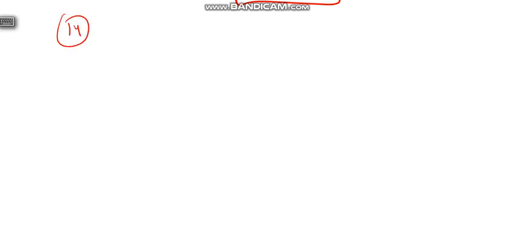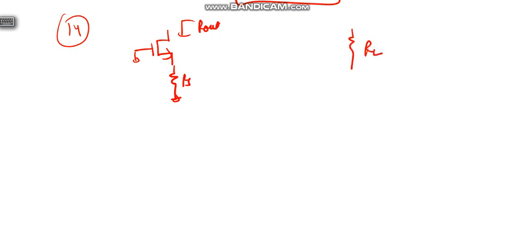So now, for comparison purposes, we are going to see two configurations again. One configuration is this, with RS, where we are finding Rout. The other configuration is, say, this is some RL, and we are going to find Rout here.